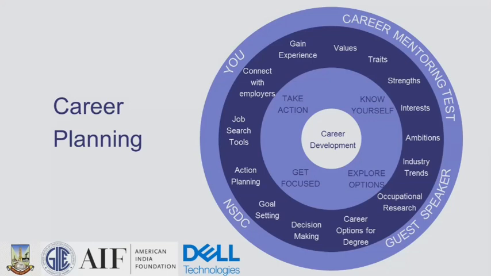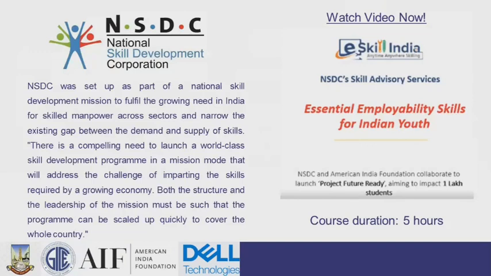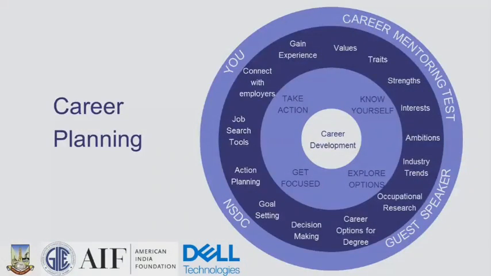Choosing a career is unquestionably one of the most important decisions you'll ever make, and it impacts just about every facet of your life. Career planning basically has 4 components: self-assessment, career exploration, getting focused, and action plan.